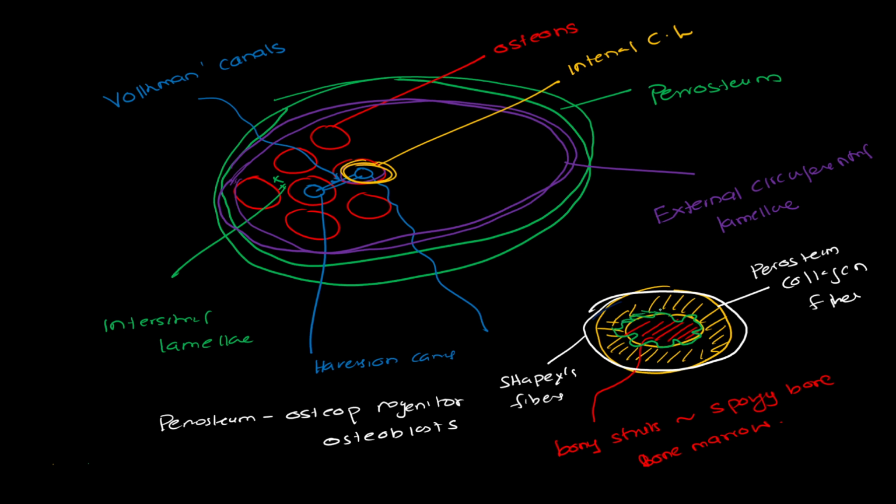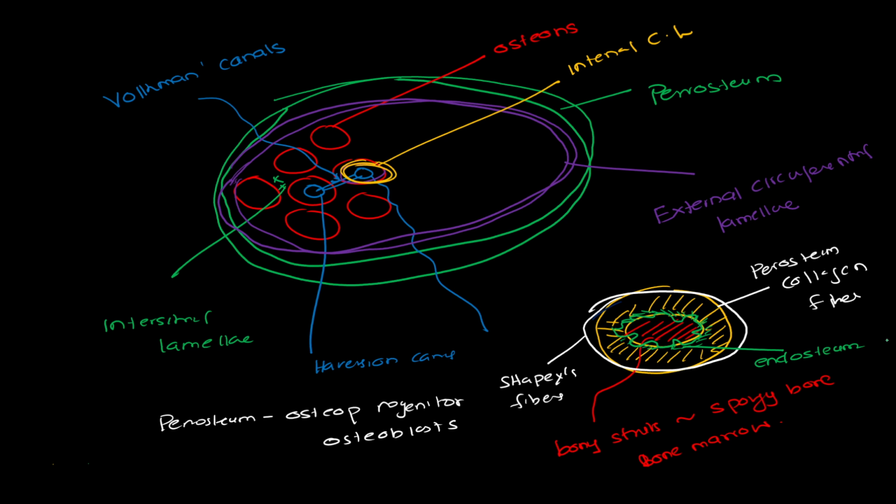This layer, which is found infiltrating or merging with the spongy bone, is known as the endosteum. So these are the two layers where we see both the periosteum and the endosteum.